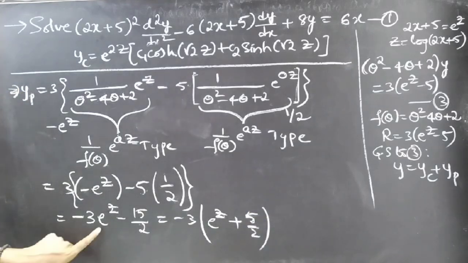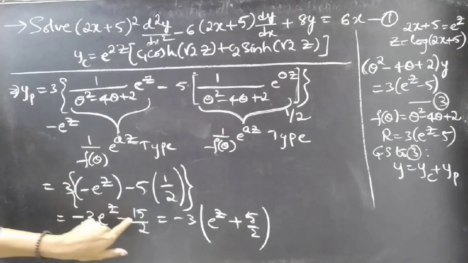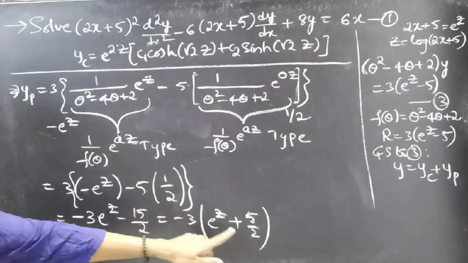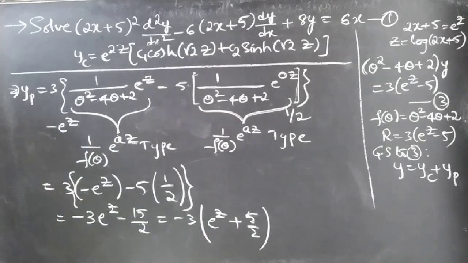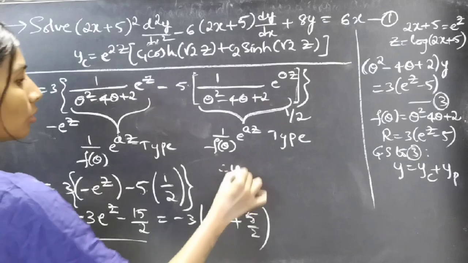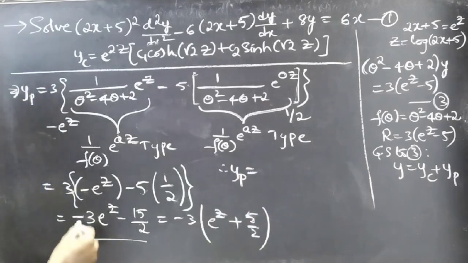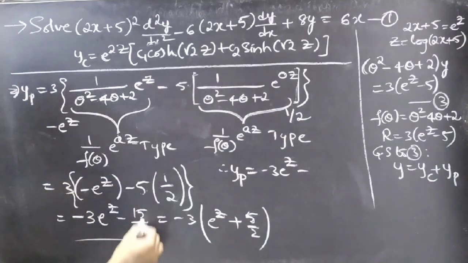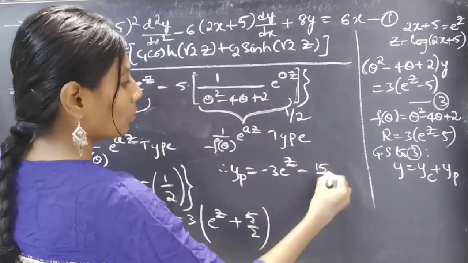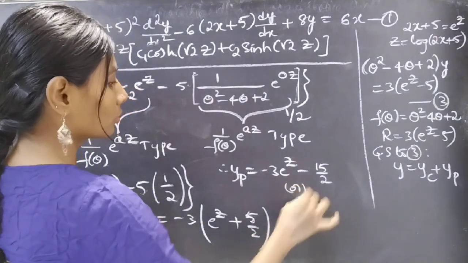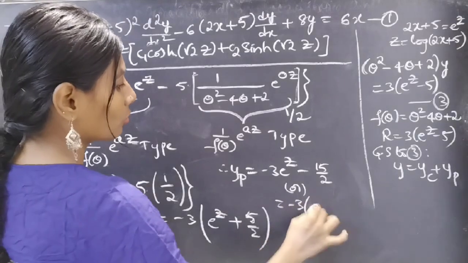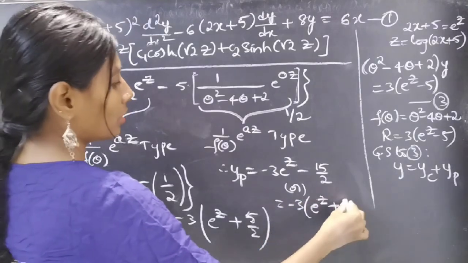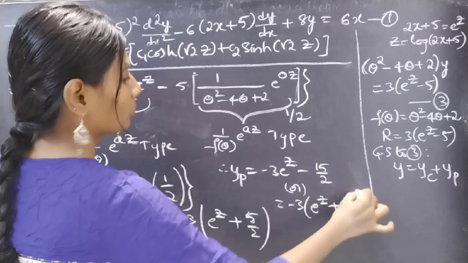Either you can write minus 3 into e power z minus 15 by 2, or minus 3 into e power z plus 5 by 2. I'll prefer the first one. Therefore, yp equals minus 3 e power z minus 15 by 2, or minus 3 into e power z plus 5 by 2.